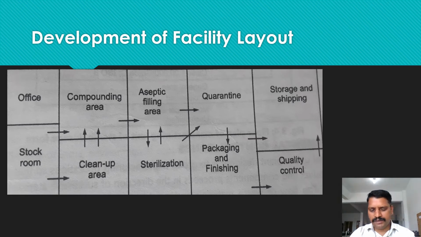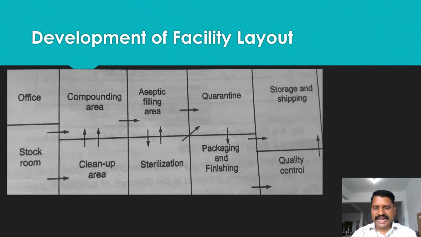The first step in producing a parenteral production environment is choosing the best possible site. The selection of a proper site depends on basic factors and pharmaceutically important factors.